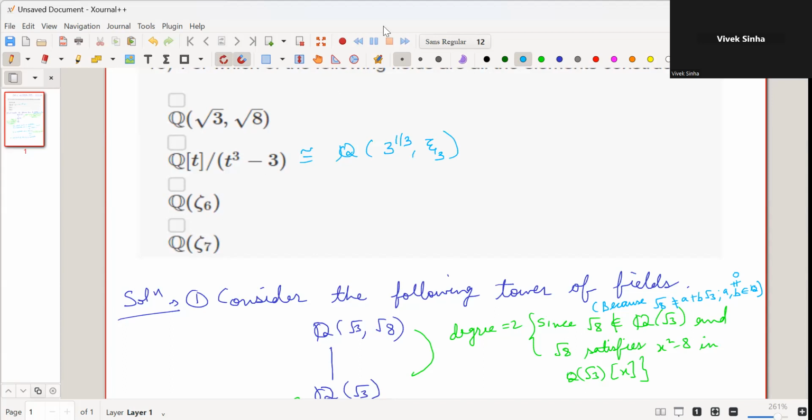I think it will be just Q of 3 to the 1/3. Xi 3 they can be written as product, and that's it. Xi 3, because one root is 3^(1/3) xi 3, the other root will be 3^(1/3) xi 3 squared. It has three roots. First is 3^(1/3), then second is 3^(1/3) xi 3, third is 3^(1/3) xi 3 squared.